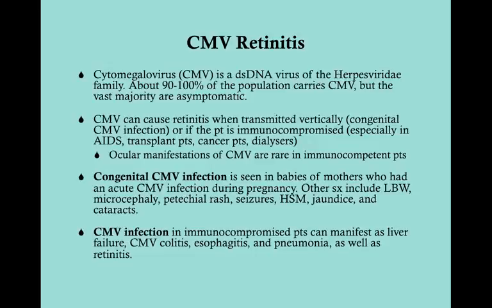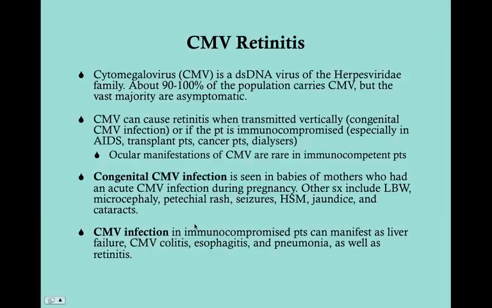And please note that the mother has to have acquired the CMV while she was pregnant. So almost everyone carries CMV, but if the mother acquired the CMV while she was pregnant, that's where the child is at risk. And then you can have CMV symptoms if you're immunocompromised.